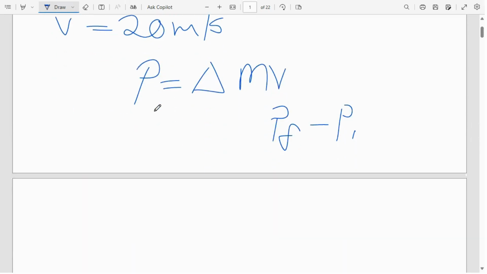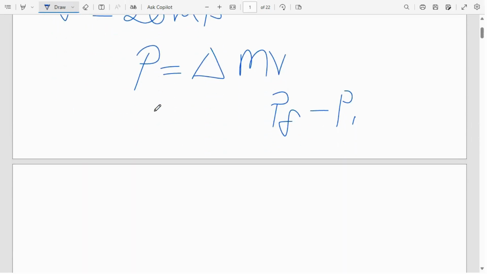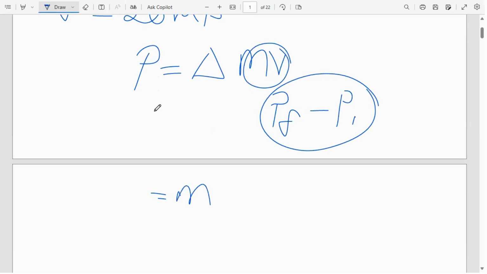So from there, our impulse is equal to what? Since the mass of the ball is not changing, we can simplify this formula. This is equal to mv. We're going to factorize it: m, open brackets, v final minus u, which is the initial velocity.